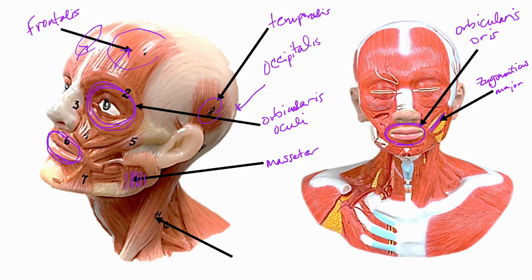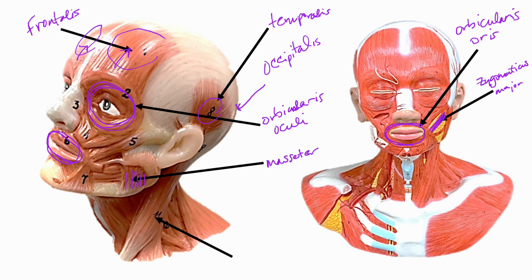You're welcome to remember that if you'd like. But the reason that this is important, I mentioned this in a previous slide. So it makes sense, right? When this is shortened, it's going to pull your mouth superiorly and sort of posteriorly, right? So it's that smile muscle. Okay, so that's what the zygomaticus major muscle is responsible for.